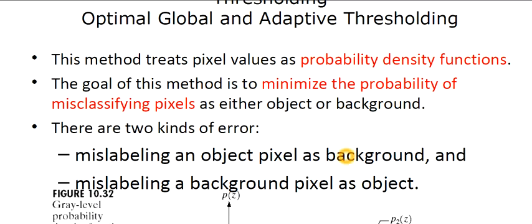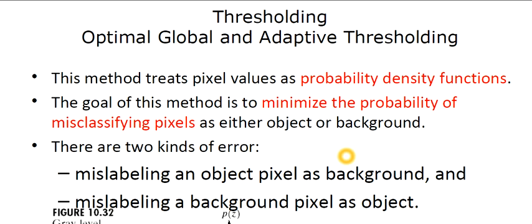Now, as far as optimal global and adaptive thresholding are concerned, this method tries to treat pixel values as probability density functions, that is PDF, and it always tries to minimize the probability of misclassifying pixels as either object or background.